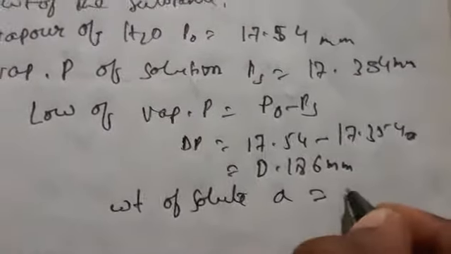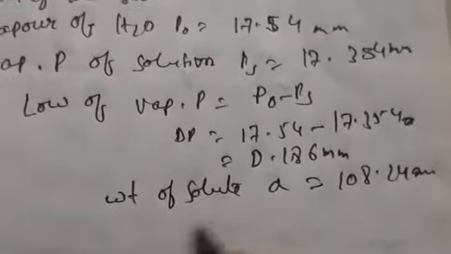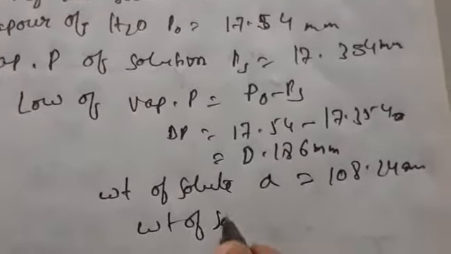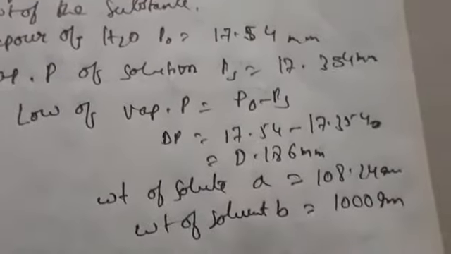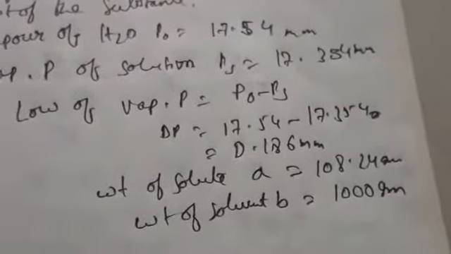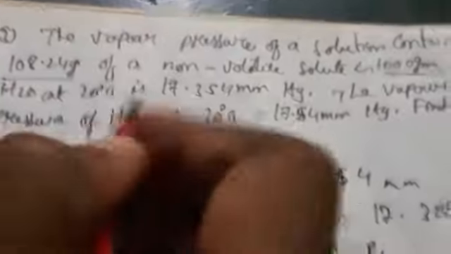Now weight of solute he has given, A is equal to 108.24 grams, and weight of solvent B is equal to 1000 grams. See here 1000 grams is given.